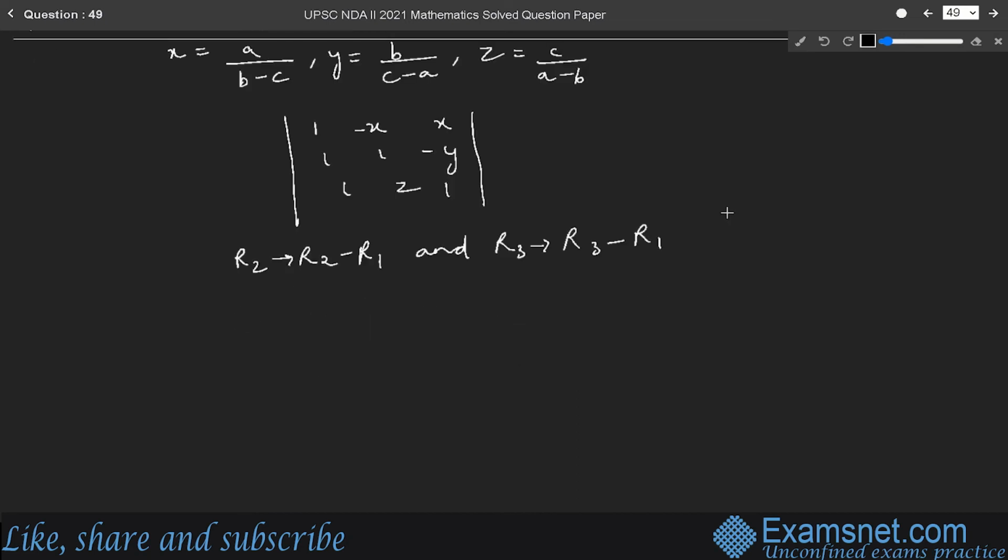On applying this, we will get 1 minus x, 0, 1 plus x; minus y minus x, 0, z plus x, 1 minus x.